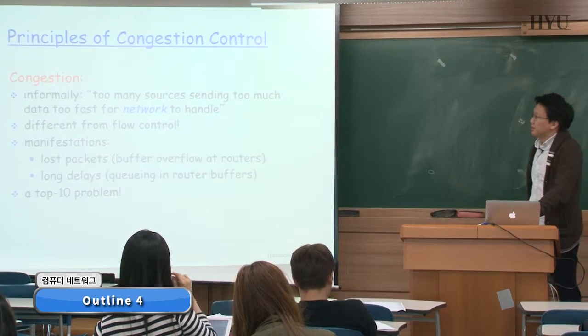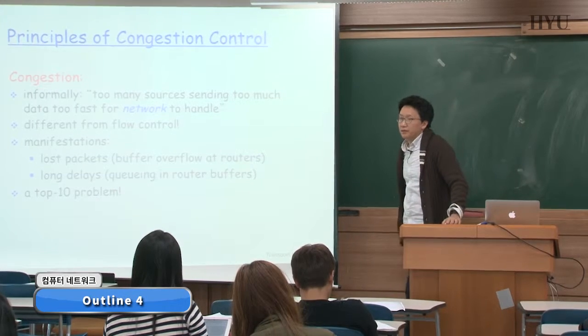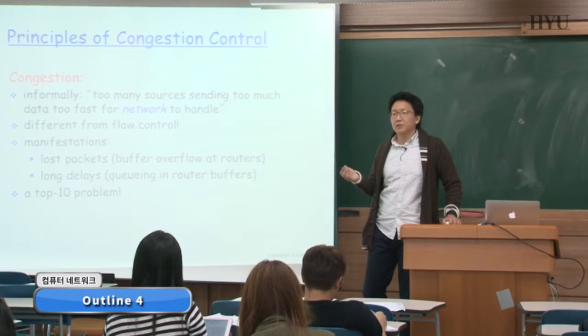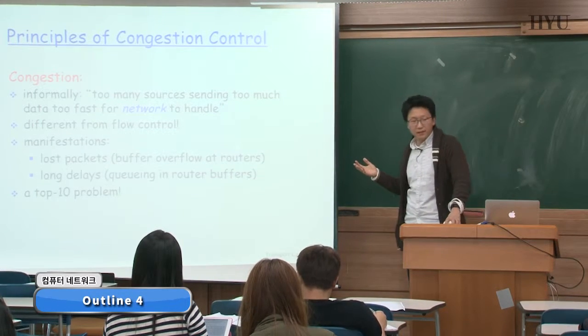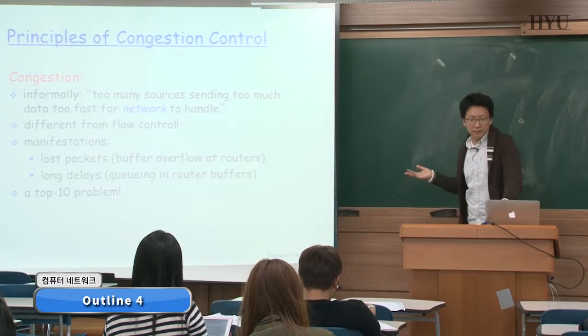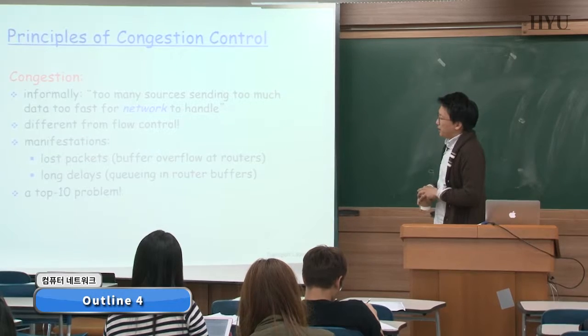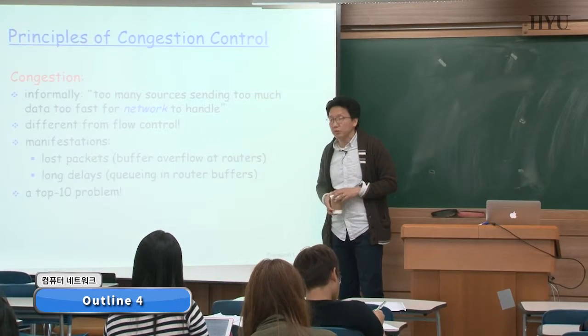Informally, too many sources are sending too much data too fast for the network to handle. In old-fashioned networks, old Ethernet fashion, there is a way to handle this problem. However, we're discussing the transport layer here and more recent technologies. What are possible consequences of the network having too many packets?